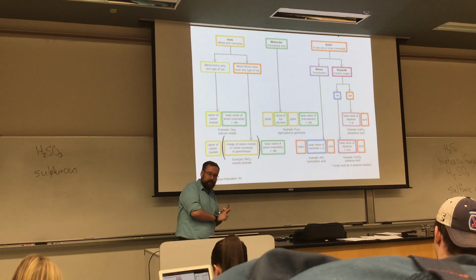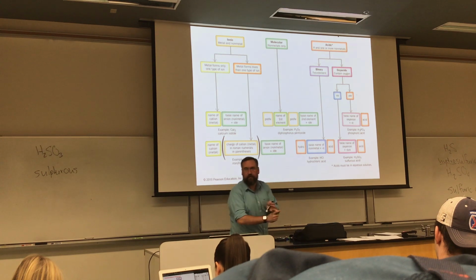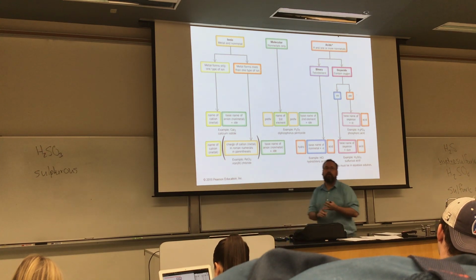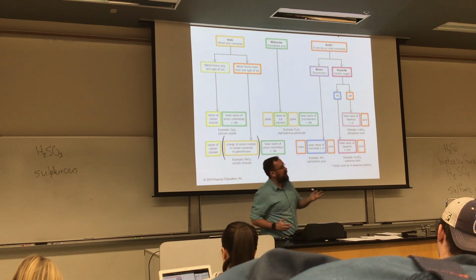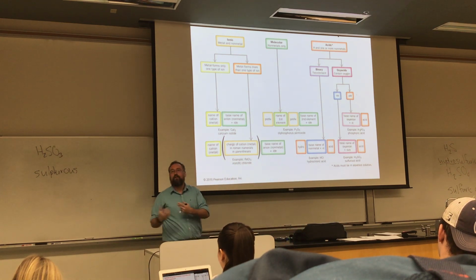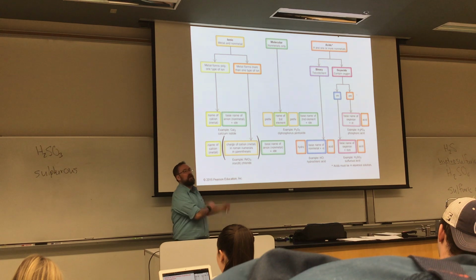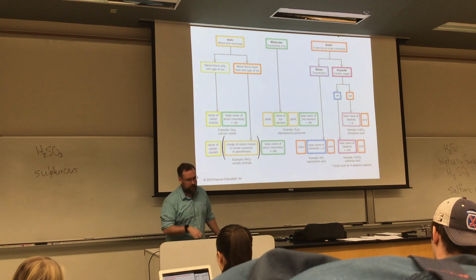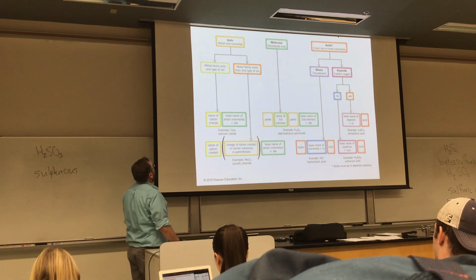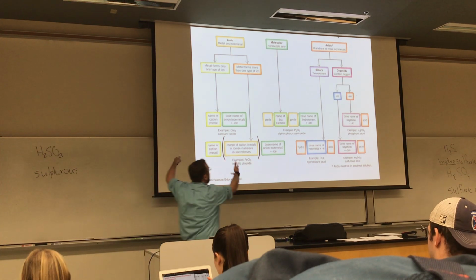Is it only non-metals? Or is it an H and some other non-metals? Hydrogen is the only metal and non-metal exemption. That's what turns it into an acid as opposed to just an ionic compound. And then we can follow down the flow chart.